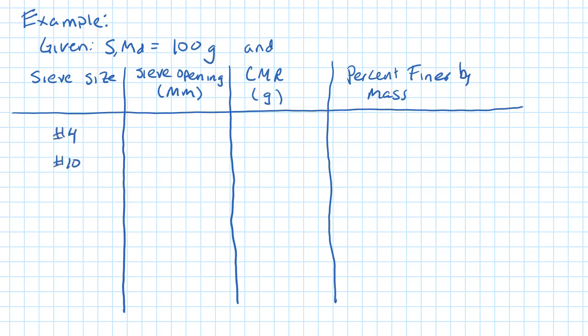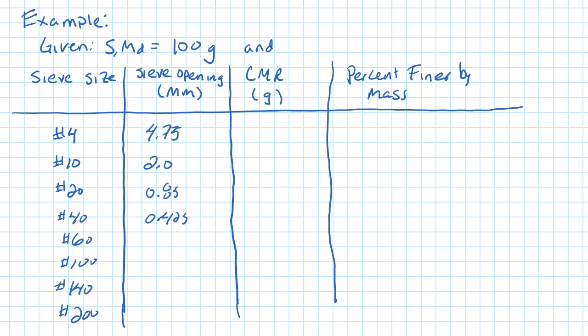First, we'll list our sieve sizes, ranging from a number 4 down to a number 200 sieve. Go ahead and list the sieve opening size. And then, having conducted the test, we made the following measurements.